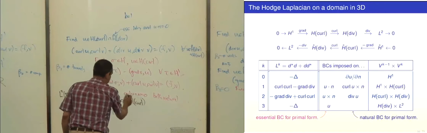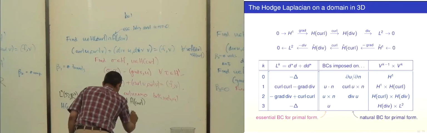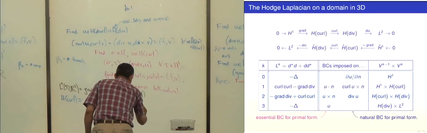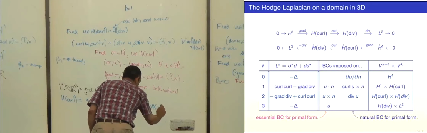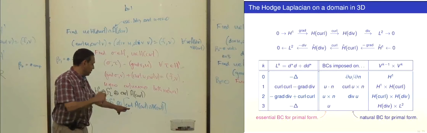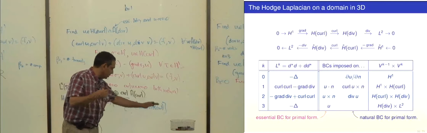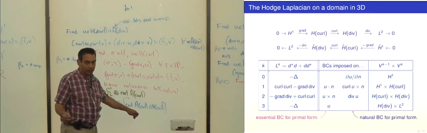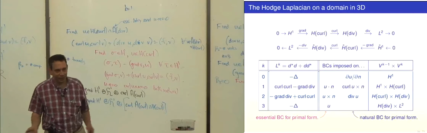But now we get curls that happen to also be in H curl. So it would be this intersect H curl. And then you could probably write this in various ways. That means the thing is in H curl, its curl is in L2, and it has the usual boundary condition. So not much new coming out of this.